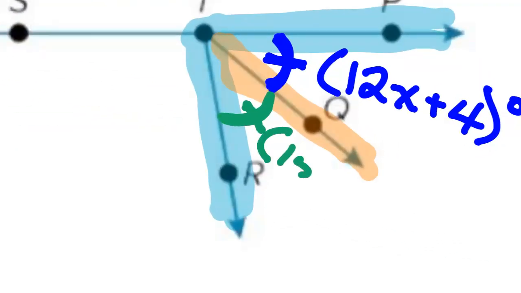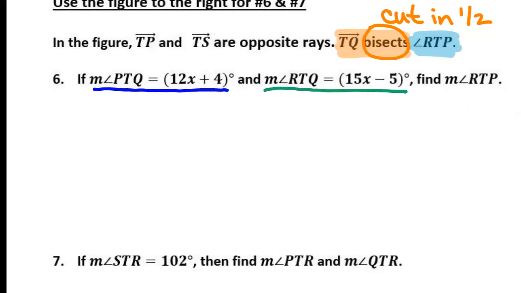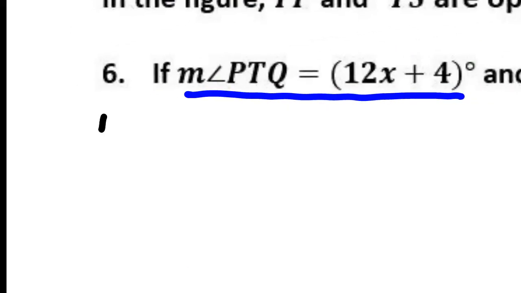RTQ is this one right here, 15x minus 5. They are congruent, so what do we do with their measurements? Set them equal. When things are the same, we set them equal. So when they're congruent, we're going to set them equal.